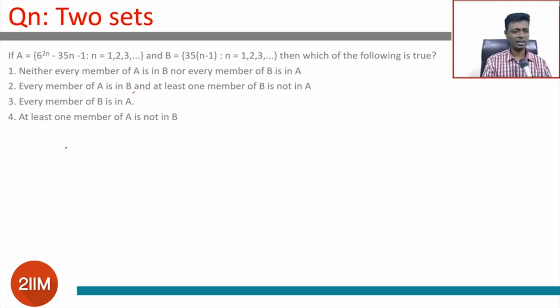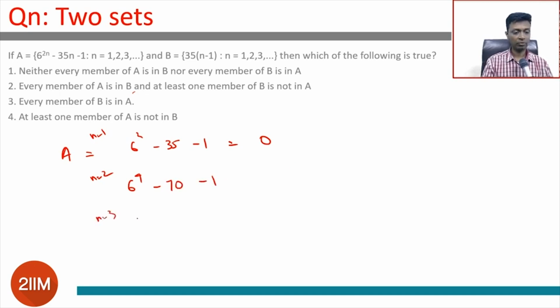Before we go further, I want to write down and see a few numbers. I want to put n equal to 1. So 6 square minus 35 minus 1, which is 0. We put n equal to 2: 6 power 4 minus 70 minus 1.